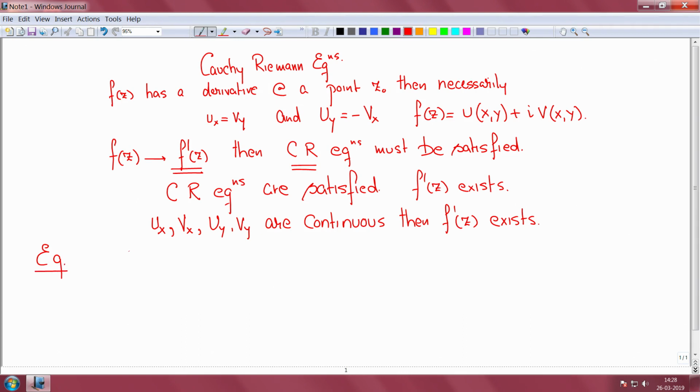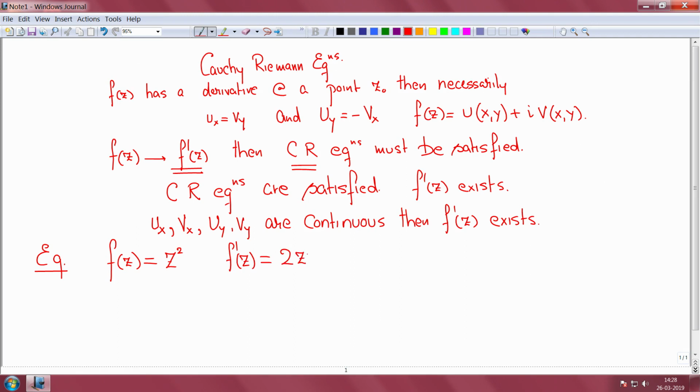So, we consider a nice function f of z is equal to z square. It is a nice function. We know it has a derivative at every point in the complex plane such that f dash of z is equal to 2 times z.